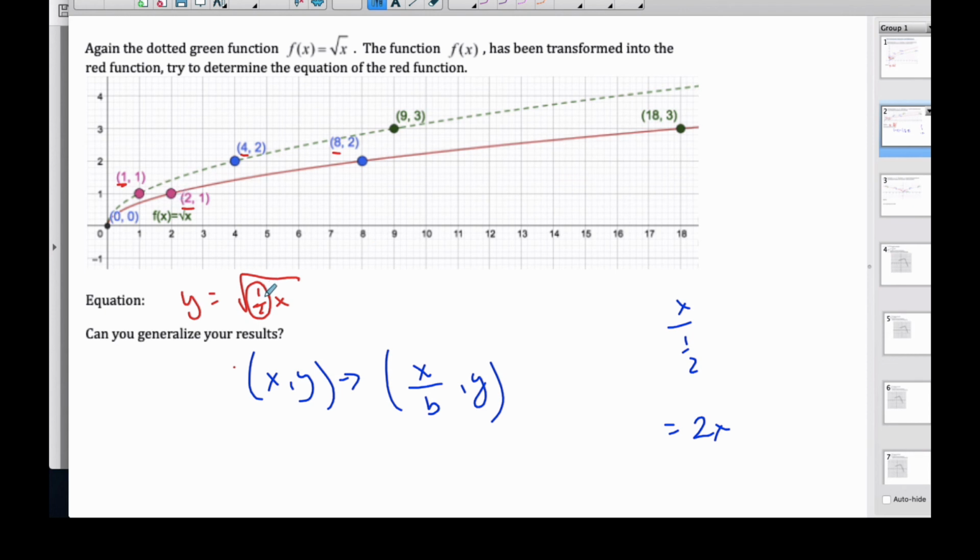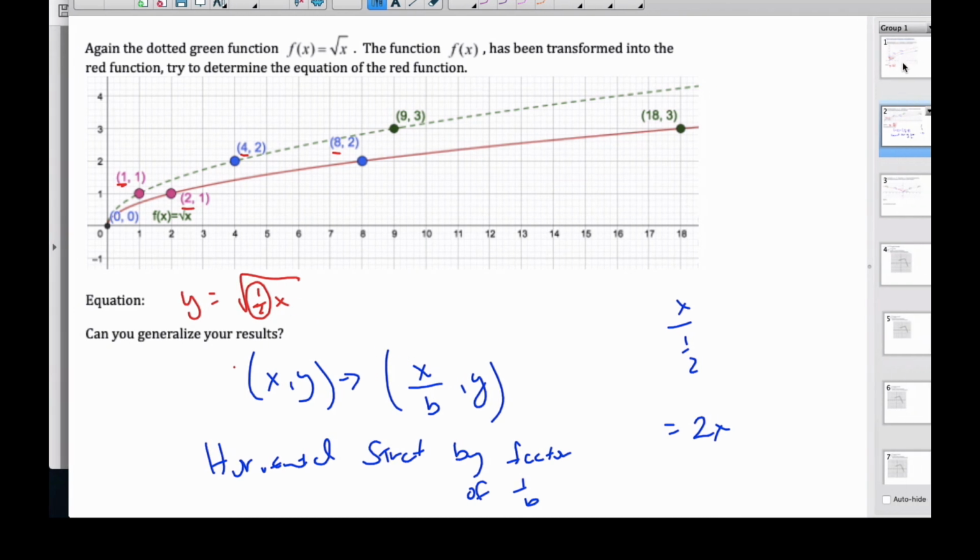And so what this is called is a horizontal stretch. Horizontal stretch by not a factor of b, by a factor of 1 over b. I don't do b, I do 1 over b is what the factor is.